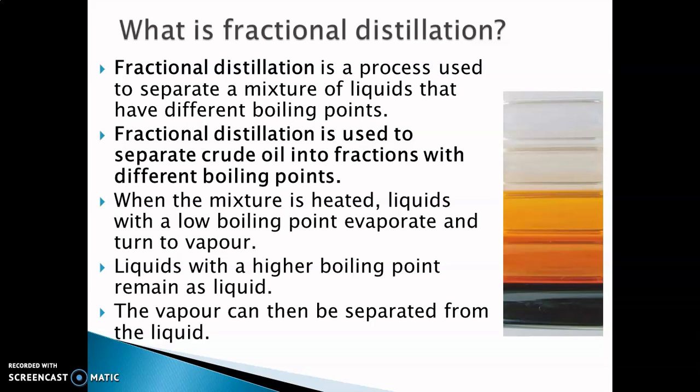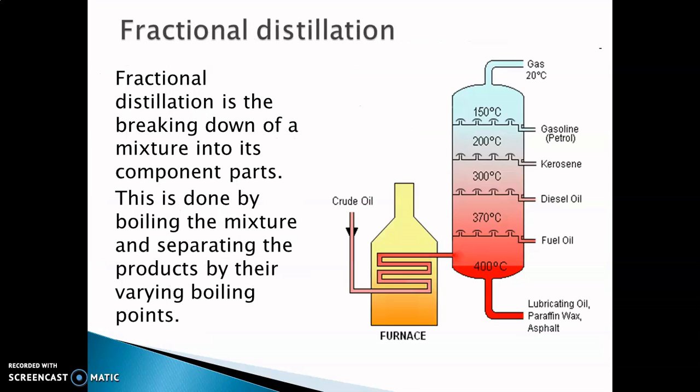Fractional distillation separates crude oil into fractions under various boiling points. Liquids with a higher boiling point remain as liquid, and liquids with a low boiling point evaporate and turn to vapor, and the vapor can be further separated into liquid.